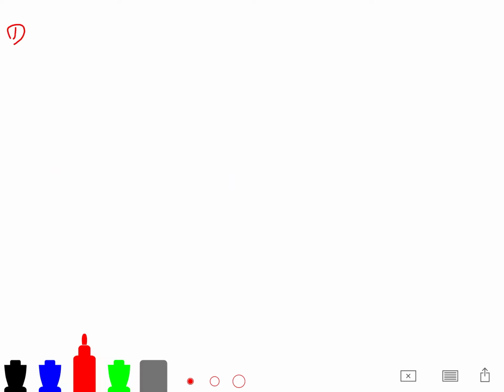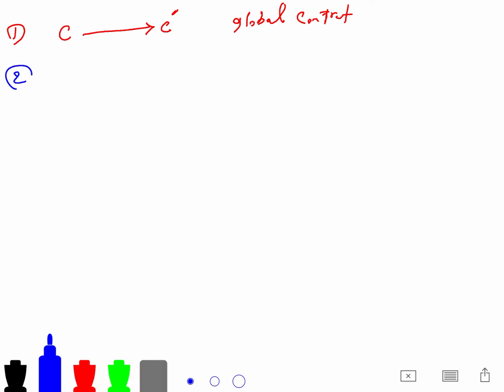So there are two things we should care about. First, all points in one class are matched to all points of another class. This is the global constraint, which is satisfied by the marginal constraints in that coupling.